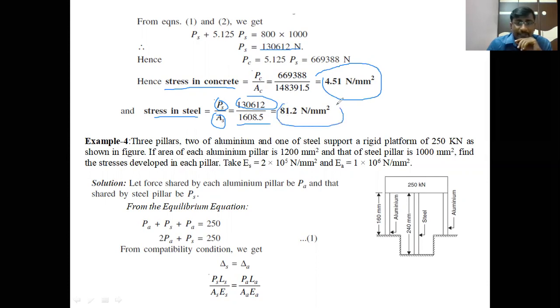Then we get the stress in steel as 81.2 newtons per mm square or 81.2 megapascals. These are the two stress values in each material, concrete and steel bars of a concrete pillar. Dear students, like this we can solve any type of problem by using equilibrium and compatibility equations.